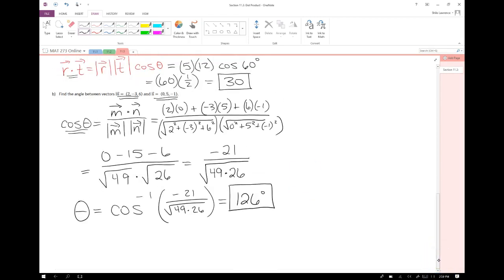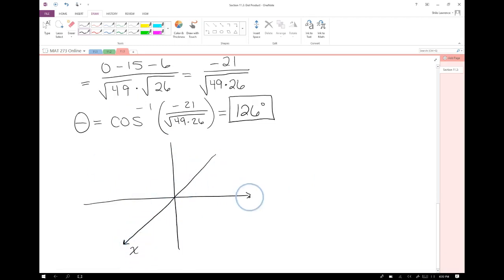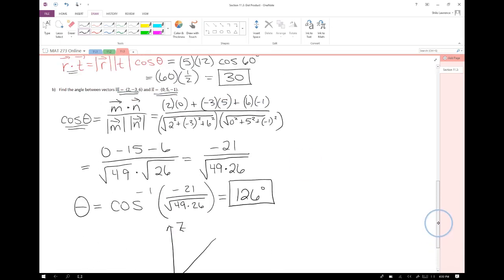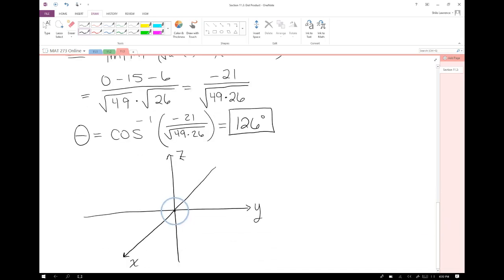the way that you can think of this, and this one is a little tricky to draw because we're in 3 dimensions, but if we have these 3-dimensional vectors, here's our x-axis, our y-axis, and our z-axis. Vector m has components 2, -3, 6, which means we come out 2 on the x-axis, -3 in the y-axis, and then 6 in the z-axis.